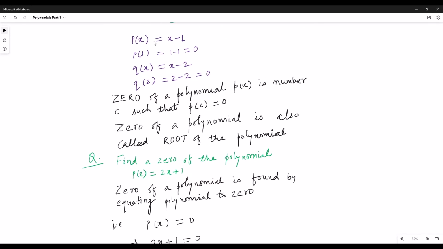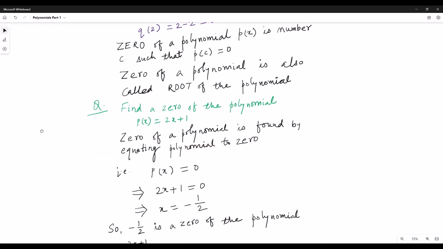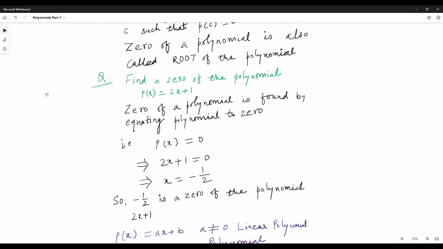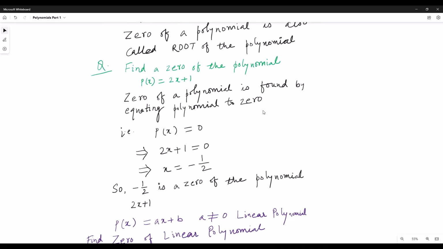Right? Like a linear equation in one variable. X minus 1 is 0, so x is equal to 1. Right? So this is also called the root of the polynomial. Zero of a polynomial is found by equating the polynomial to 0. Right?